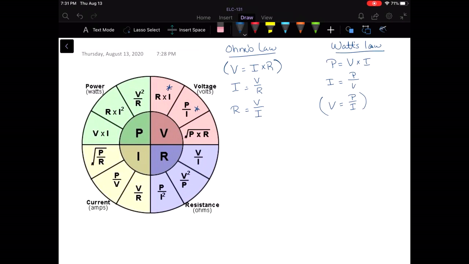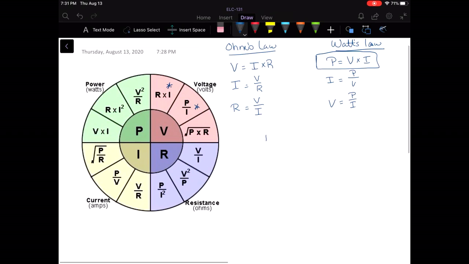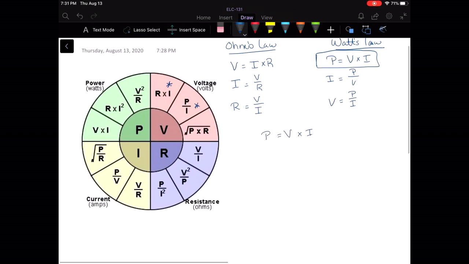Now how we got that is that in our power equation here, P equals V times I, if we substitute I equals V over R, we get P equals V squared over R.